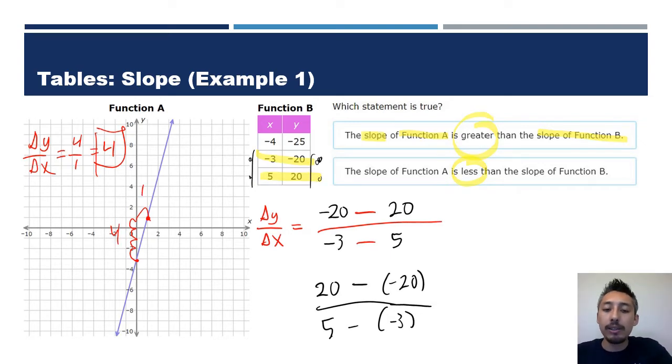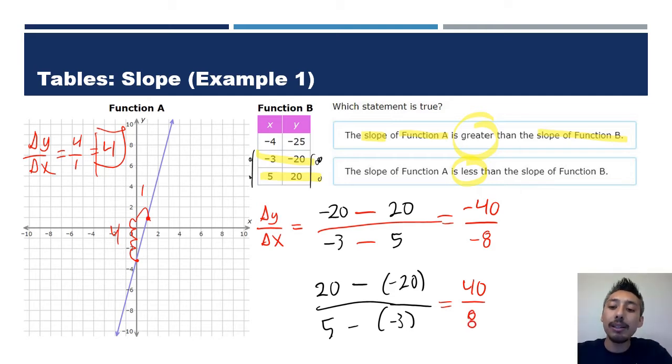Let's work out the top problem first. Here we have negative 20 minus 20. Type that into your calculator or do it in your head. Here you have an answer of negative 40 divided by negative 3 minus 5, which is negative 8. At the bottom, here we have 20 minus negative 20, which would be a positive 40, and 5 minus negative 3, which would be a positive 8.